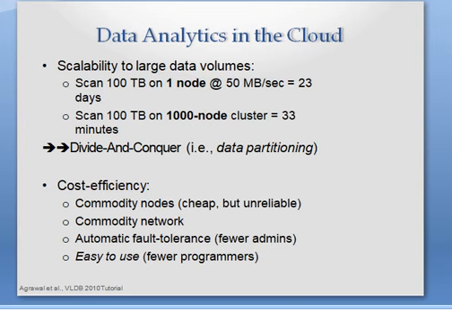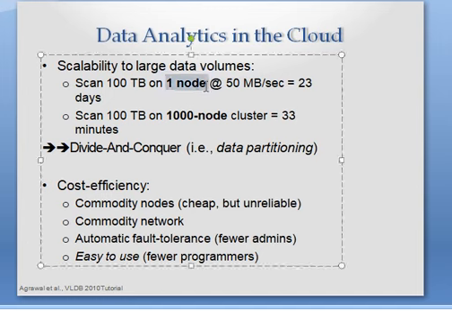So why do we need to do data analytics in the cloud rather than offline? It is about the capability of analysis. For example, if I have one computer and want to scan 1 terabyte of data, I need 23 days.